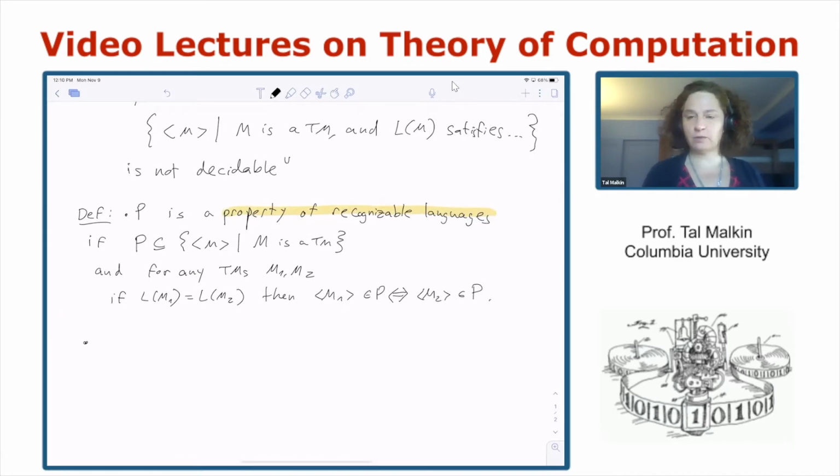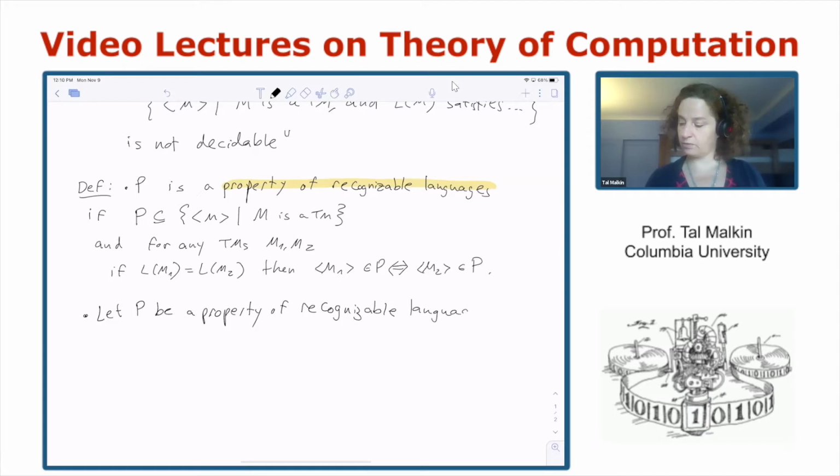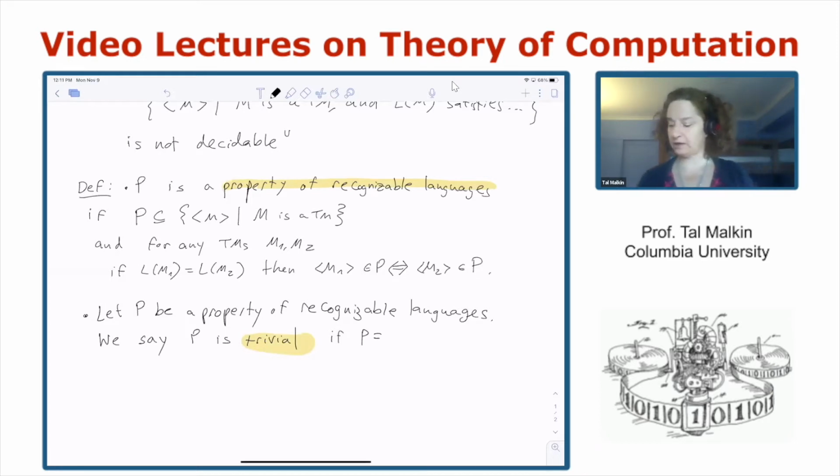And we will further define what it means to be non-trivial. So let P be such a property. Let P be a property of recognizable languages. We say P is trivial if P basically holds for all languages or for no language.